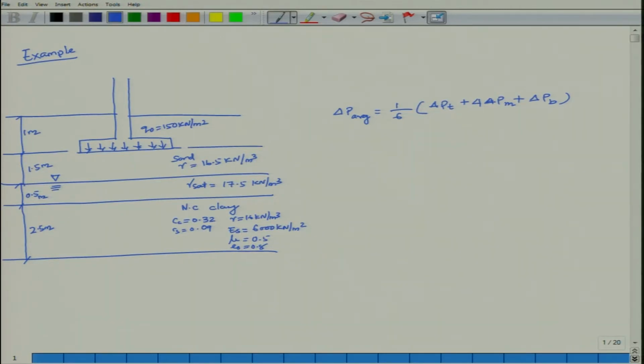P0 up to 1.5 means up to this layer, or at the middle, that means this will be 1.25 meter.